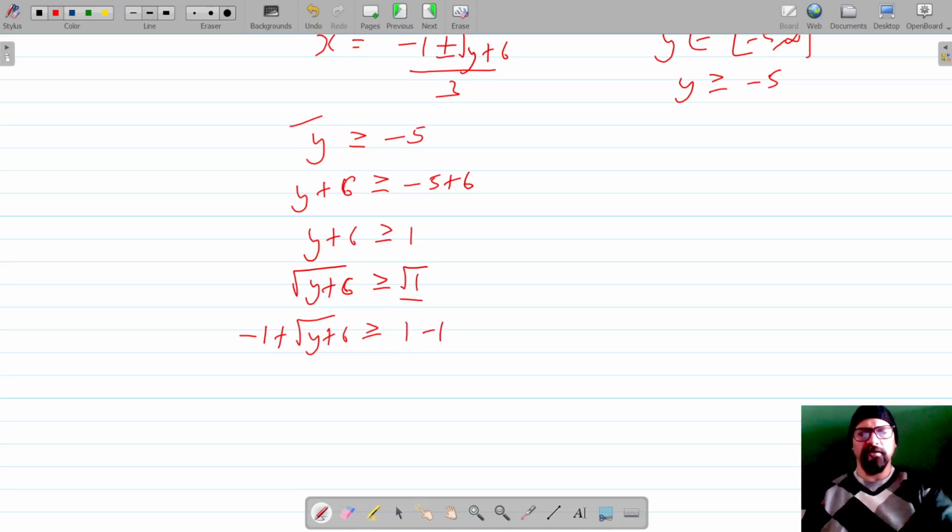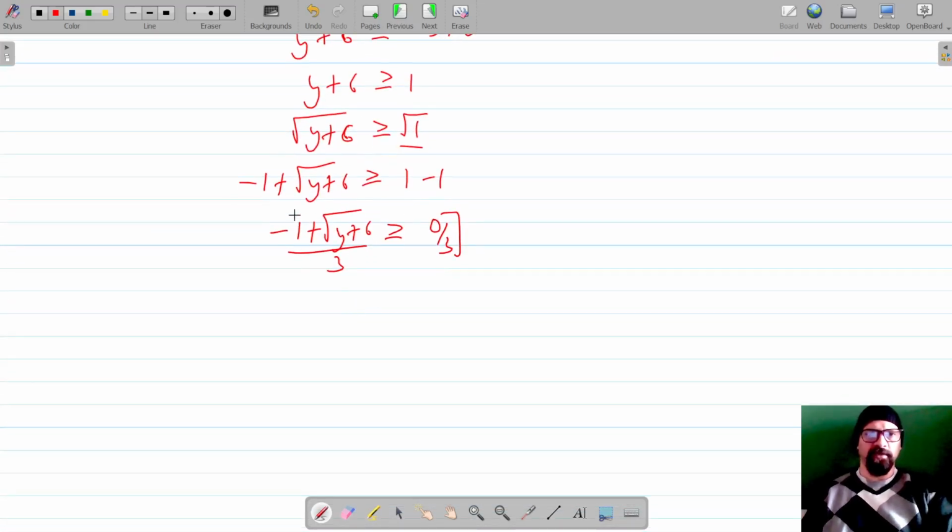And I'm going to divide this by 3 as well. So this is now negative 1 plus root of y plus 6 upon 3 is greater than or equal to 0. So 0 by 3 is 0. And this value is our x. x is greater than or equal to 0.